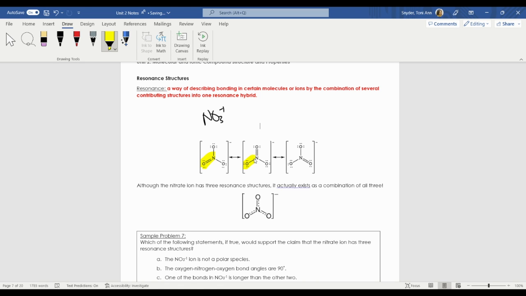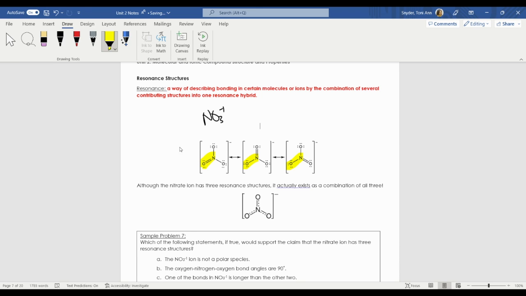But in this molecule, that same bond between that same exact nitrogen and oxygen is a single bond. And here, it's a single bond. These are not identical structures. They kind of are, but these are called resonance structures. Each of these contributes to the actual structure that it actually is.